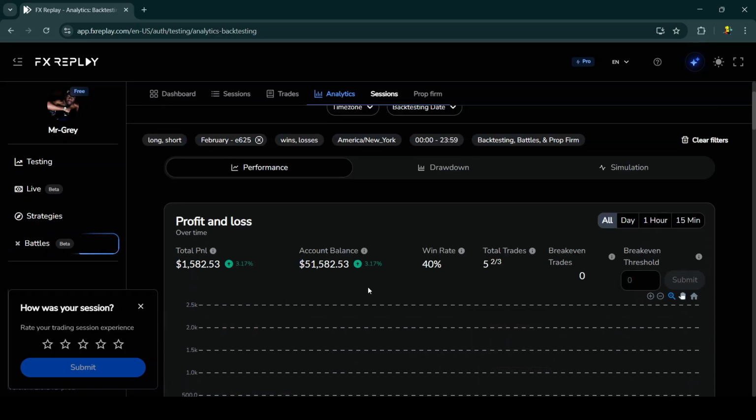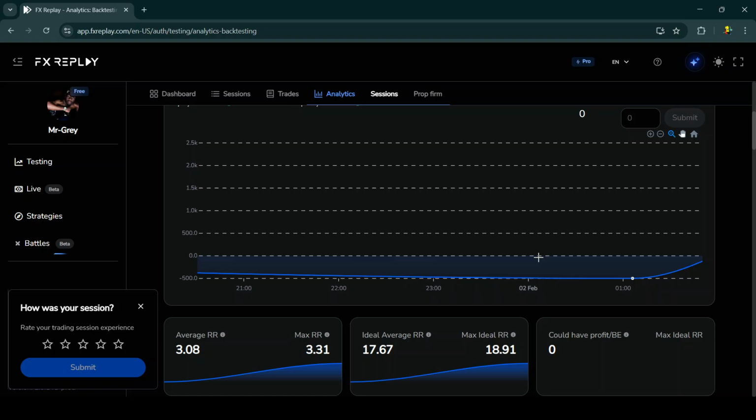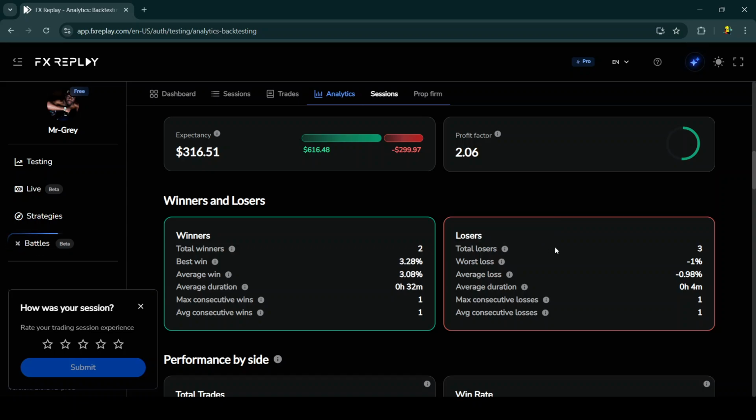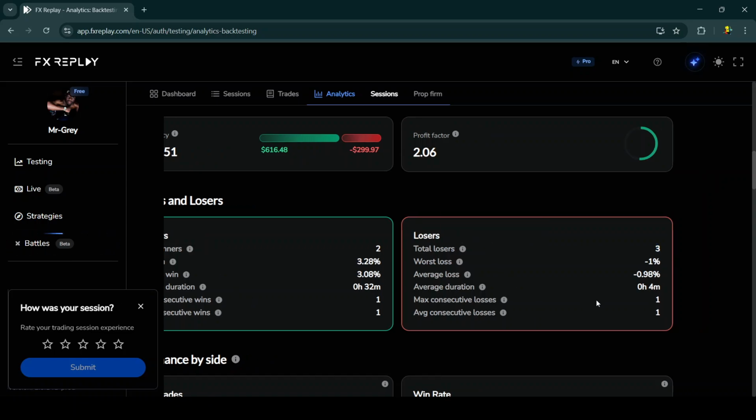Yes, another 2%. If we're on 1.5, we did make a 3% change after that 1% drawdown. So overall 2% increase over the course of one day. 2% increase over the course of one day is quite interesting. Total losers is 3, maximum consecutive losses is 1, right? So that's good.